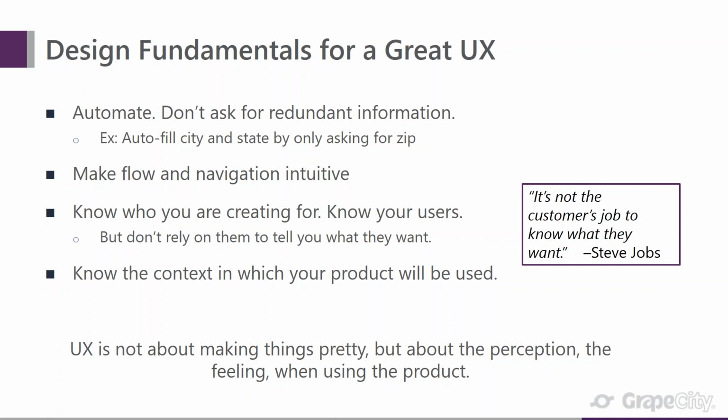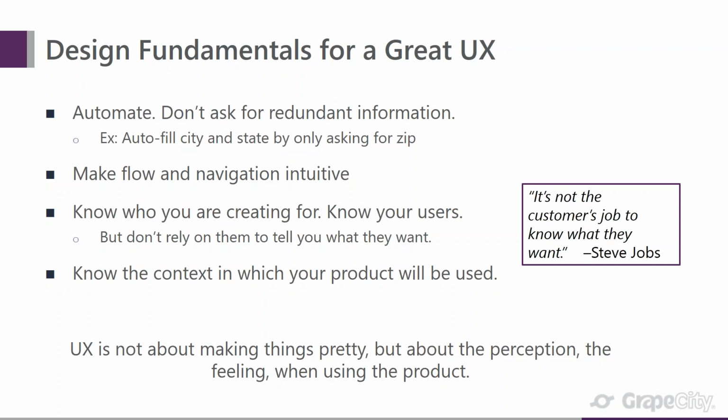For design fundamentals, obviously, for a good UX, you don't want to ask your users to do a lot of work. You want to allow them to do as little work as possible. So if you can automate certain things, absolutely you should be automating them.